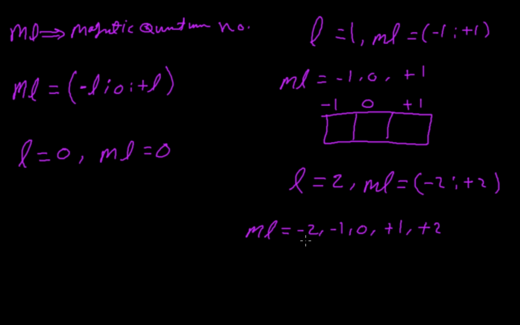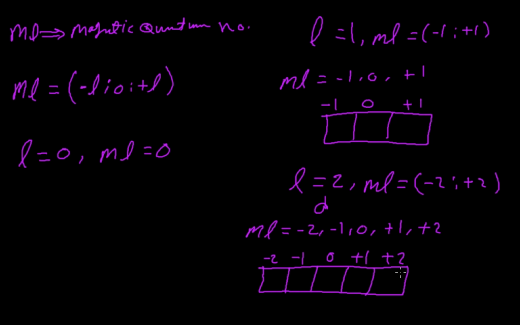Each magnetic quantum number represents an orbital. So when you have a subsidiary quantum number equal to 2, that means you have a D sublevel. In the D sublevel, you have 5 orbitals: 1, 2, 3, 4, 5. So you have -2 orbital, -1 orbital, 0 orbital, +1 orbital, and +2.